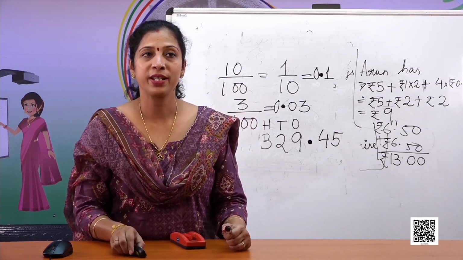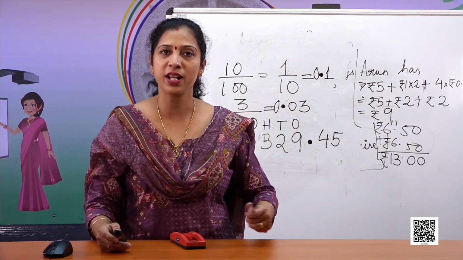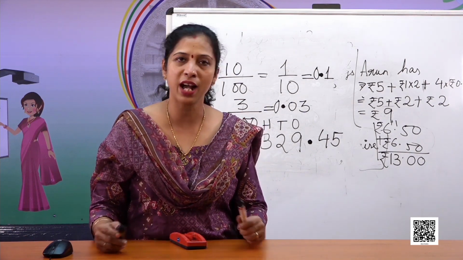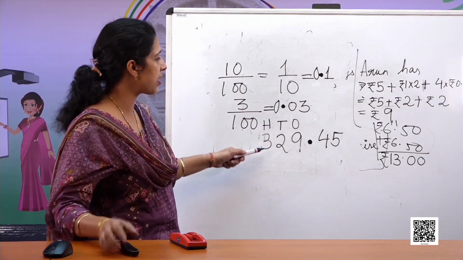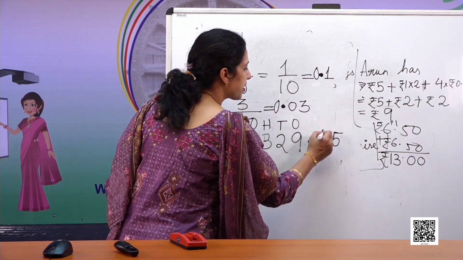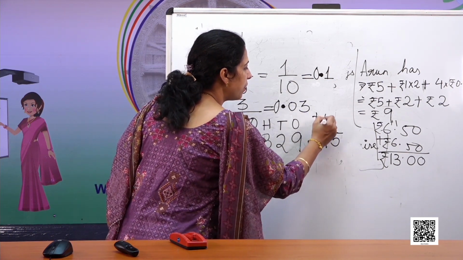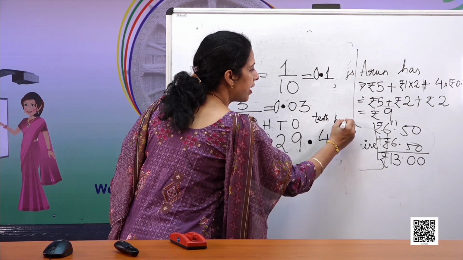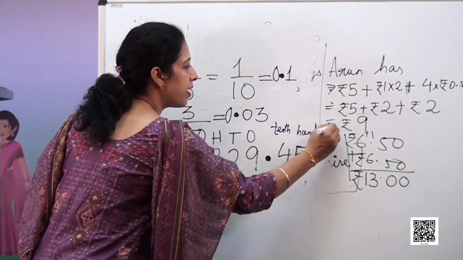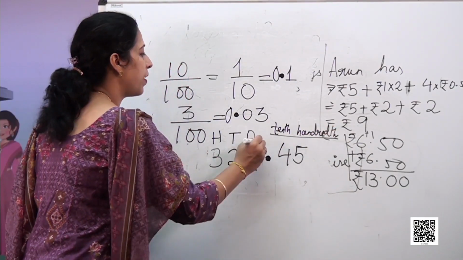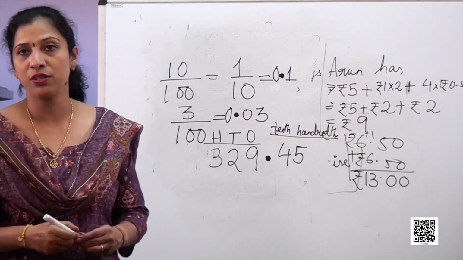Understood? So it is very easy, children. You can just do it the way you do for large numbers. The place values are very easy. This is the 10th place value and this is the 100th place value when you write it down in a place value chart.